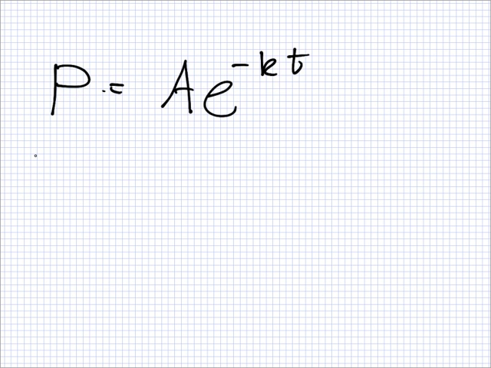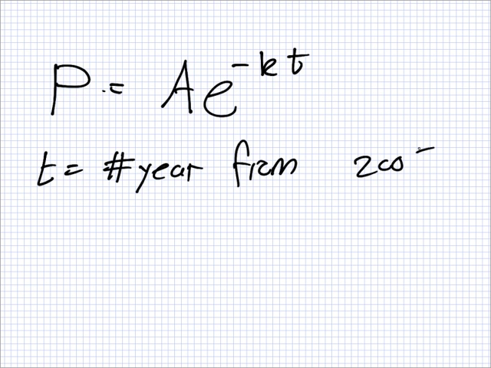So imagine the year is 2005. What value would T be? 0. If the year was 2006, it'd be 1. 2007, it'd be 2.